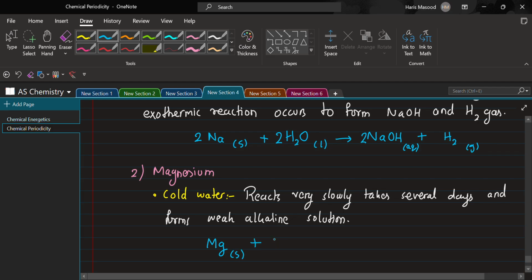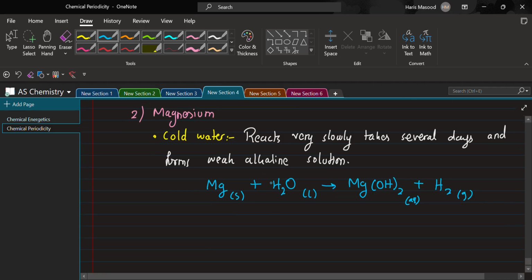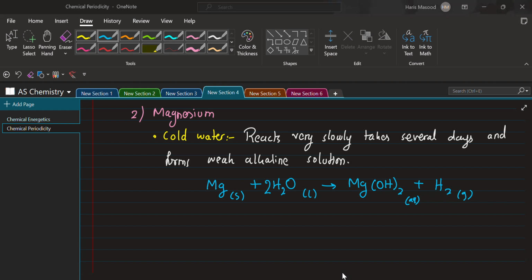Mg solid plus H2O liquid to form Mg(OH)2 and H2. So it forms a very weakly alkaline solution.